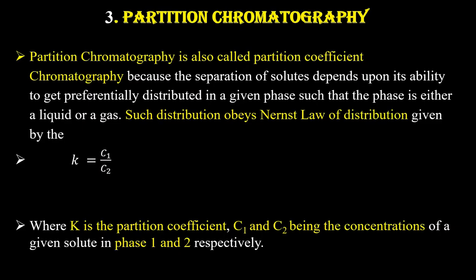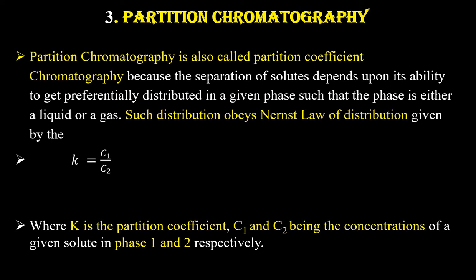Now we'll consider the third one, that is partition chromatography. Partition chromatography is also called partition coefficient chromatography because separation of a solute depends upon its ability to get preferentially distributed in a given phase, such that the phase is either liquid or gas.